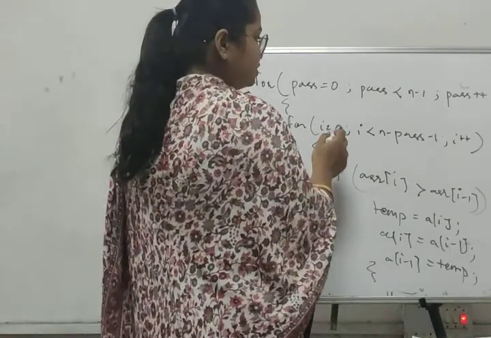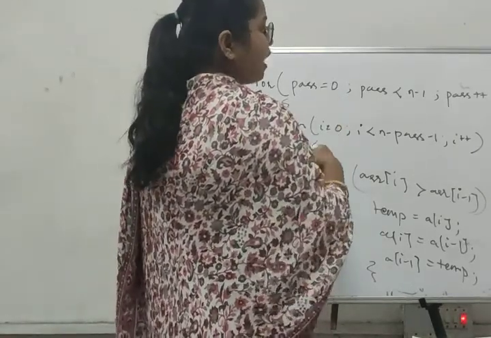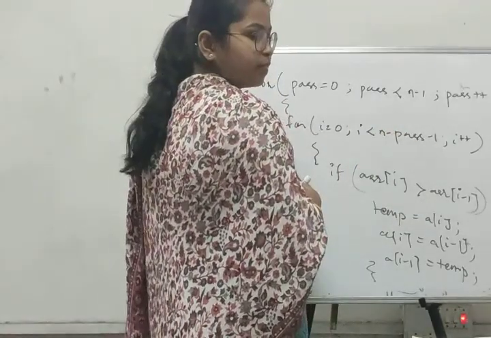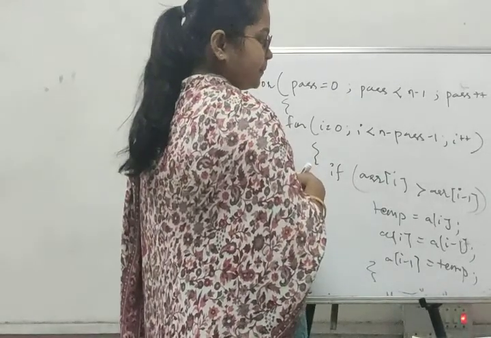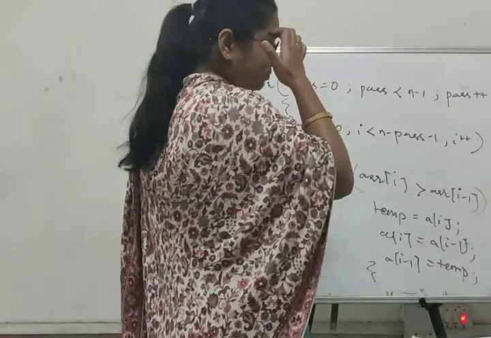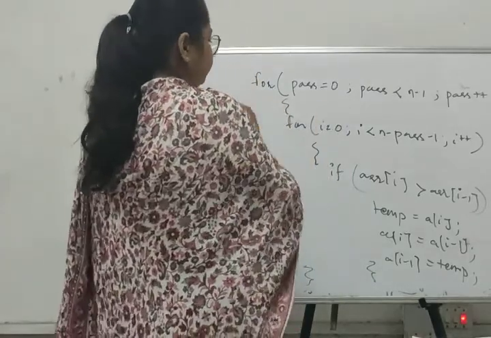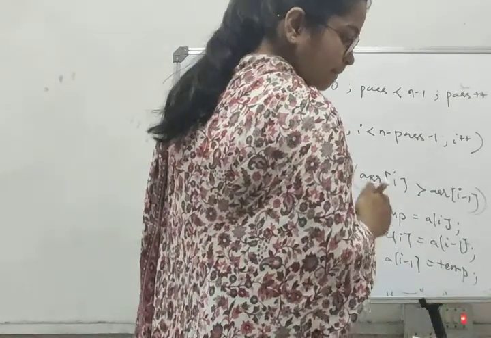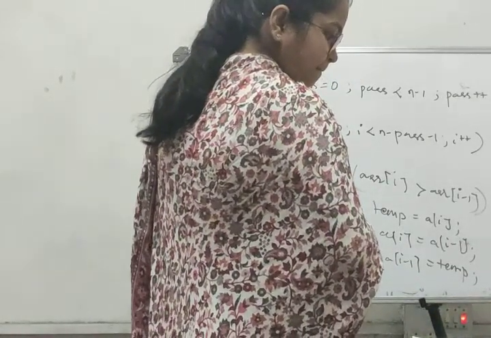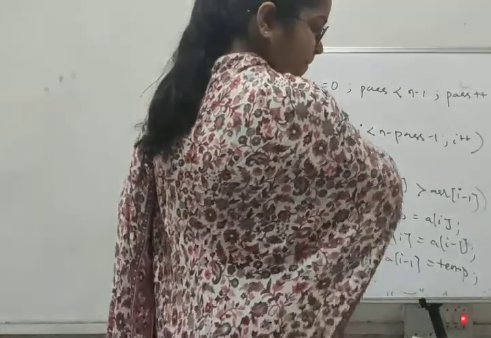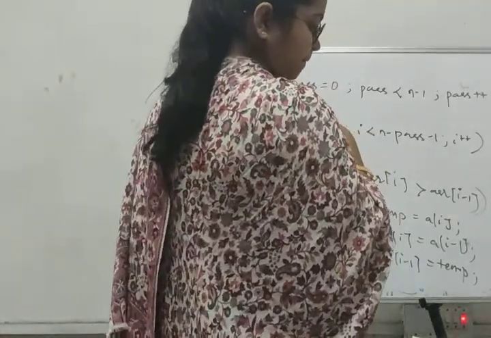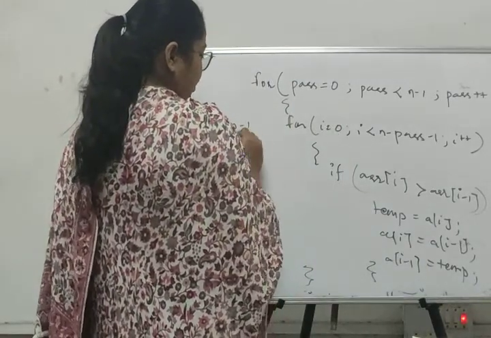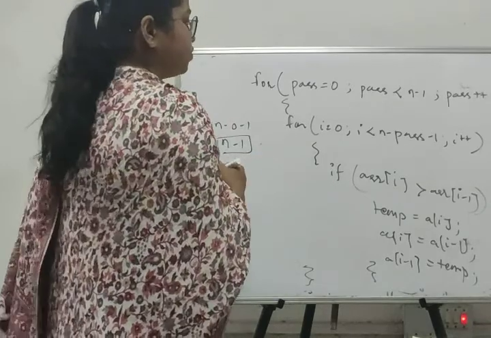So when pass is equal to 0, we have to go till n. Why? Because what is n minus 0 minus 1? It is simply n minus 1.